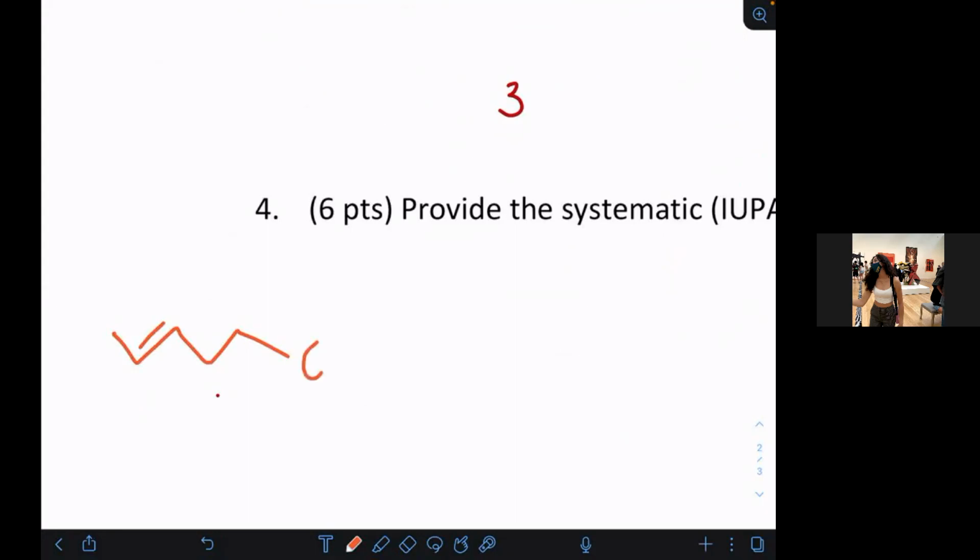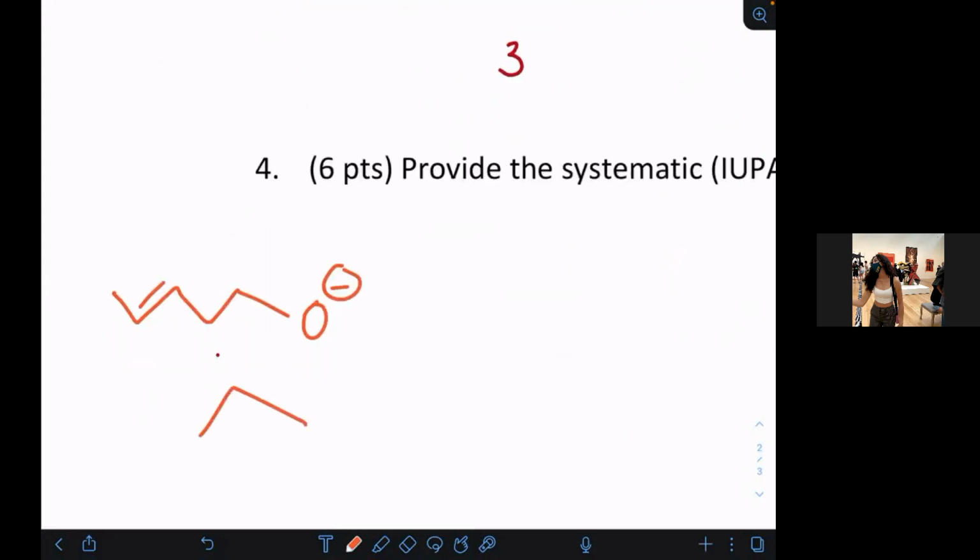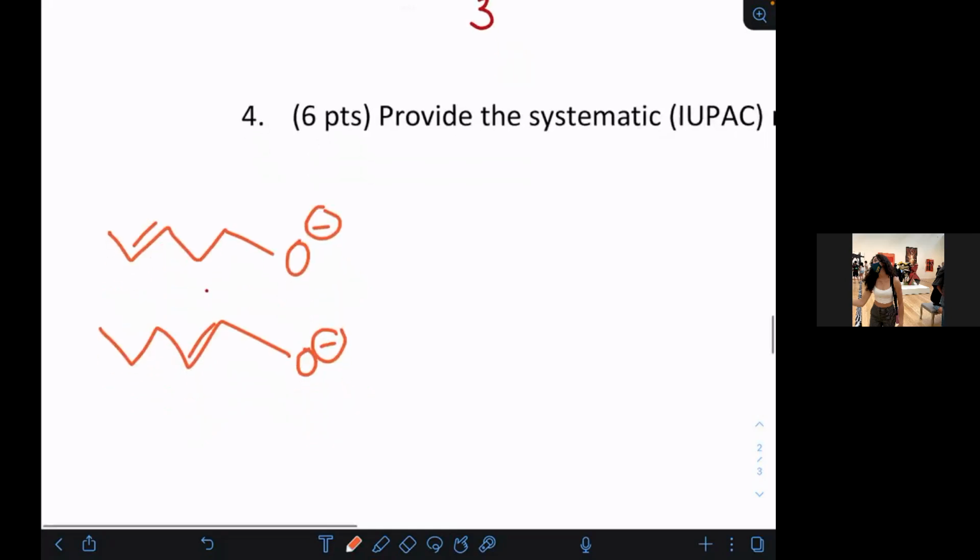It's asking to rate from strongest to weakest base. But that was on the actual quiz, huh? Yeah, but the double bonds are getting closer and further, so I feel like it would kind of be the same thing. And then is it resonance?